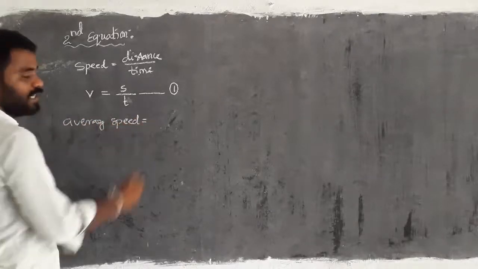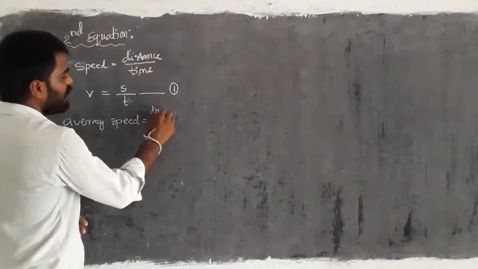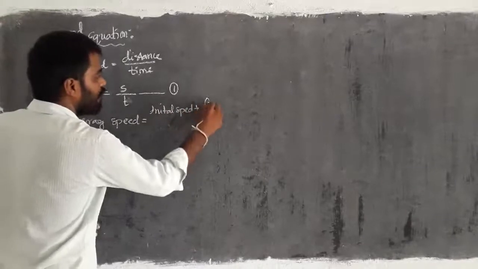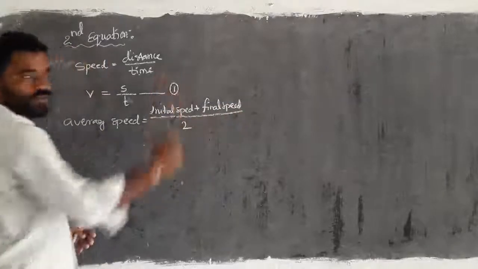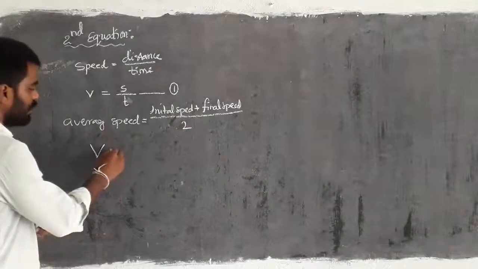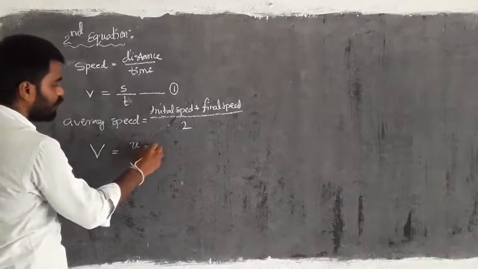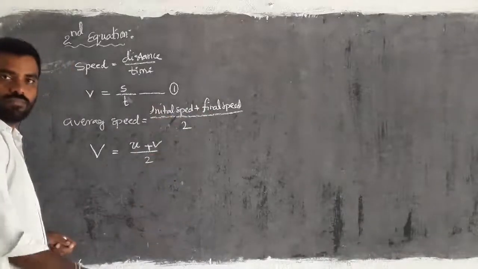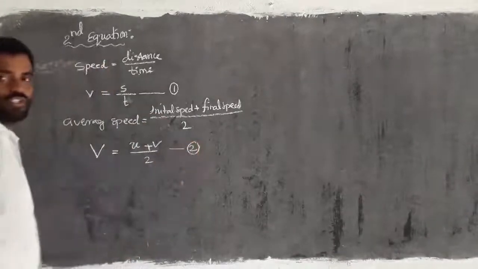Average speed we are already familiar with: that is initial speed plus final speed by 2. So average speed we express with v, that is equal to u plus v by 2, with initial speed u and final speed v. This one you consider as equation 2.